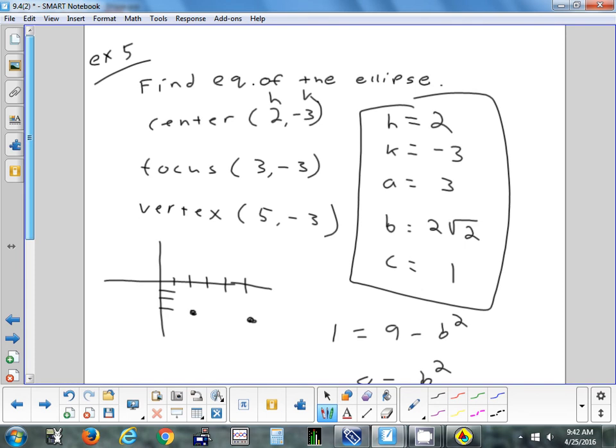They're either going to line up horizontally, which means all the y values are the same, or they're going to line up vertically, which means all the x values would have been the same. But I guarantee anytime I give you a problem like this, I'll make sure all the y's are the same or all the x's are the same. They have to be. Yeah, good question. Any other questions?